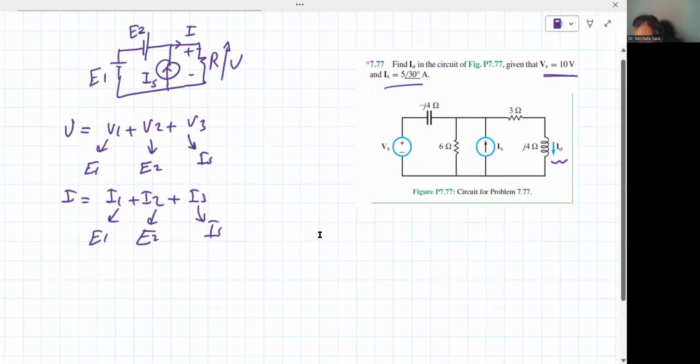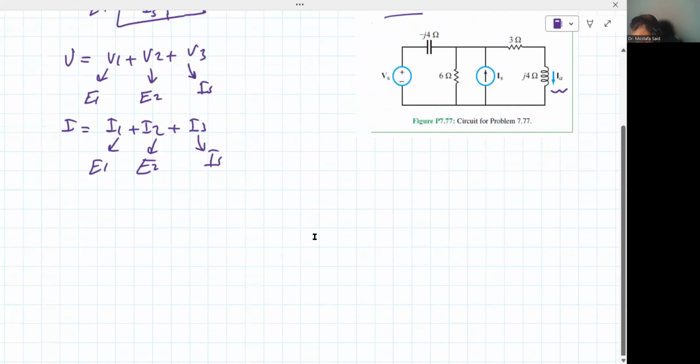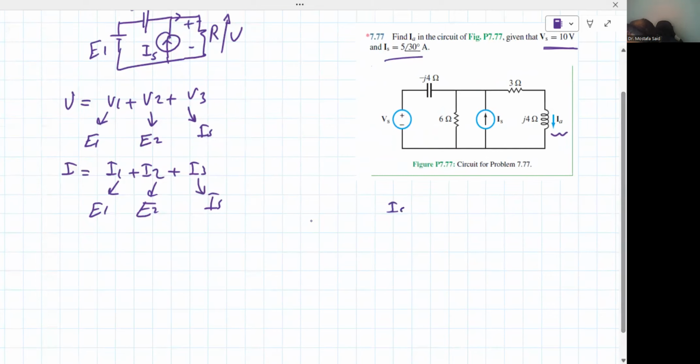Okay, so let's first determine the contribution. So in here, IA has two components, IA dash plus IA double dash. IA dash comes from, let's call it the voltage source, VS. And IA double dash comes from the IS.